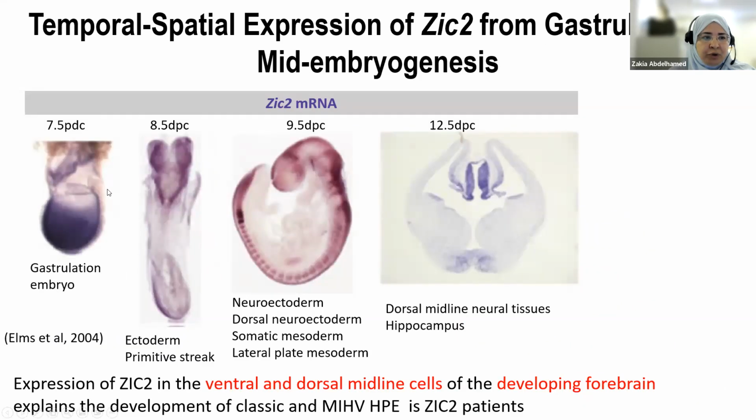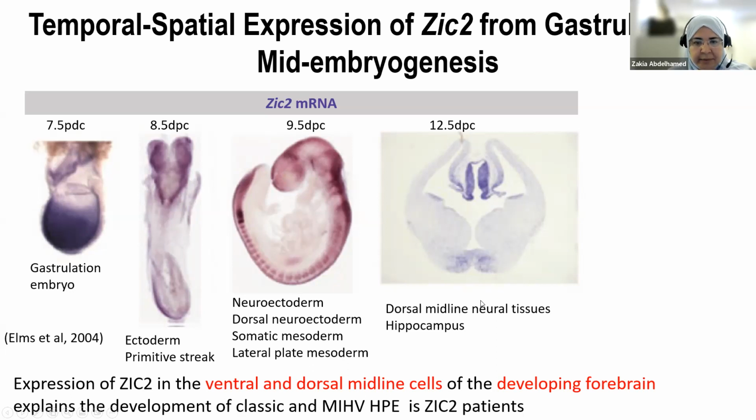And here I am showing the ZIC2 messenger RNA expression during development. It is expressed during gastrulation and also during organ formation, during neuroectoderm initiation and in the primitive streak. During organogenesis, you see it in the dorsal ectoderm, the lateral mesoderm and the somatic mesoderm.